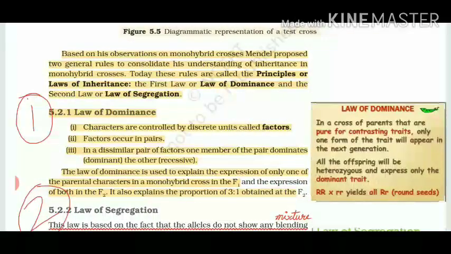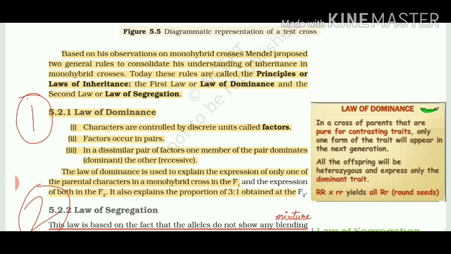Number 1, according to Gregor John Mendel, the characters which are controlled by discrete units, which are present on the chromosomes, are known as factors. And these factors are not solitary, but always appear in pairs.